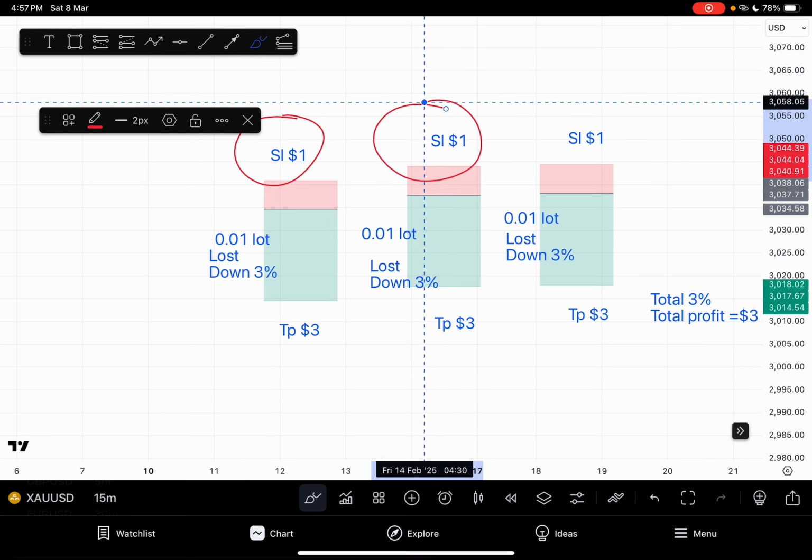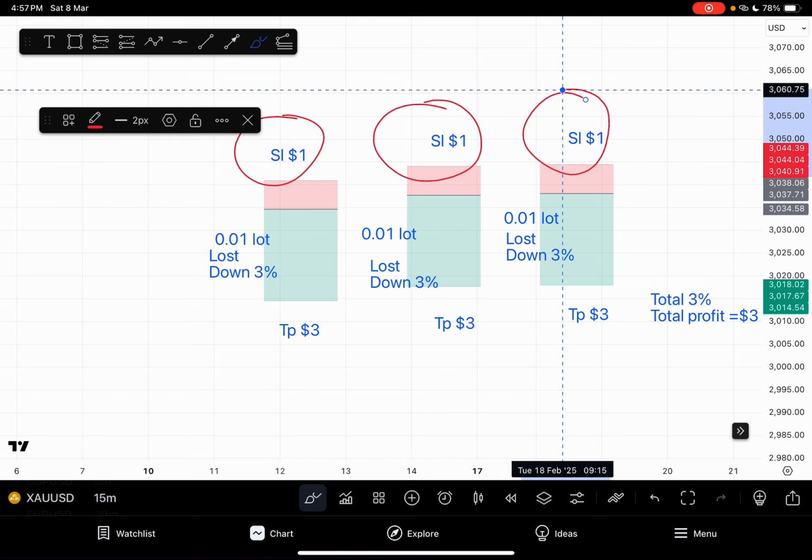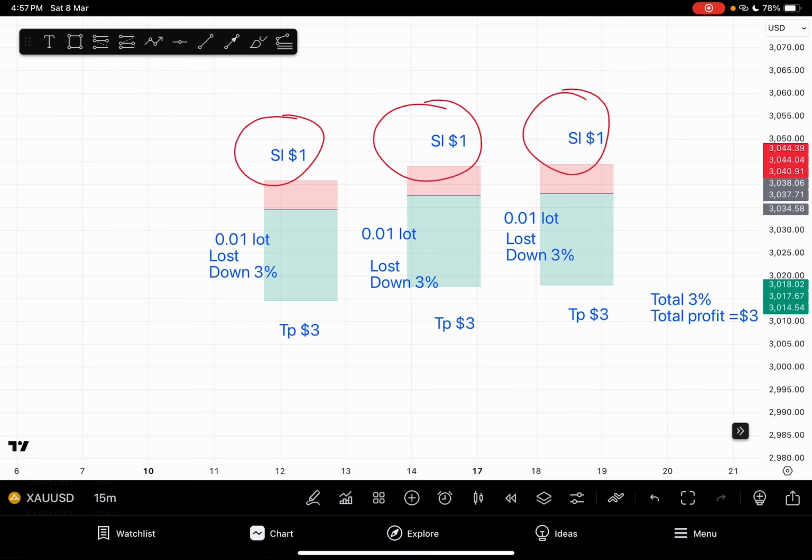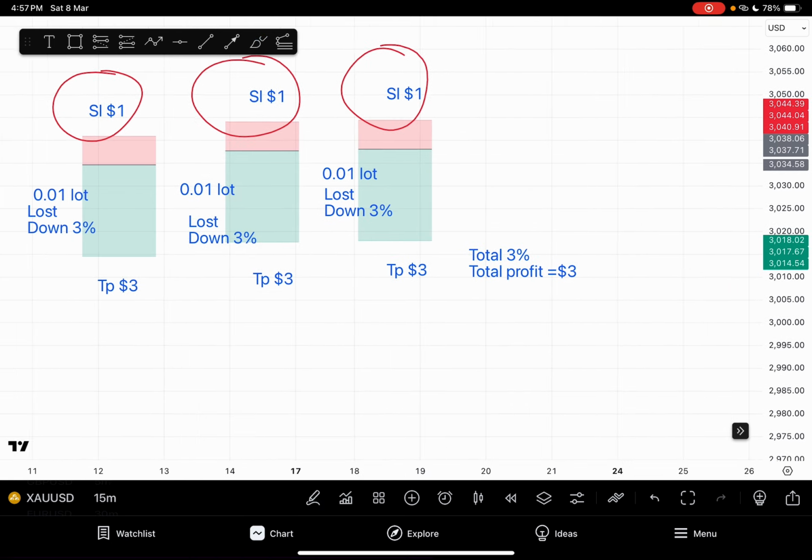For this second trade, I'll be down 1%. On this third trade, I'll be down 1%. So if you should add up the 3% now, I'll be down 3% for the day, and my profit now will be minus $3. So I'm risking 3% there, and I lost 3 trades.